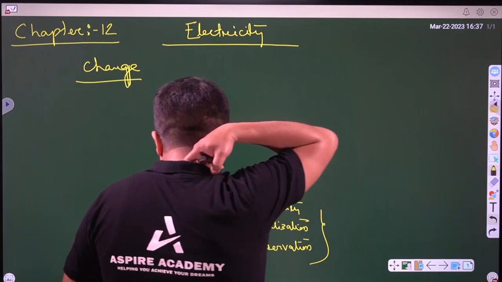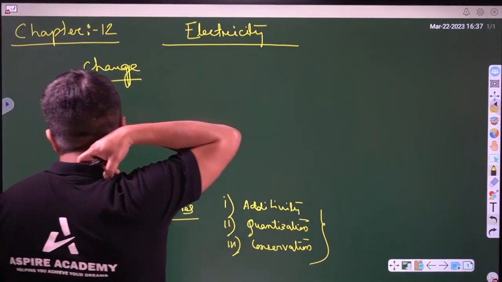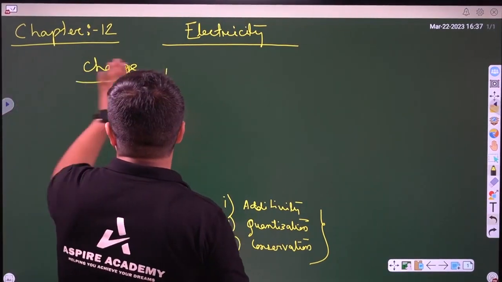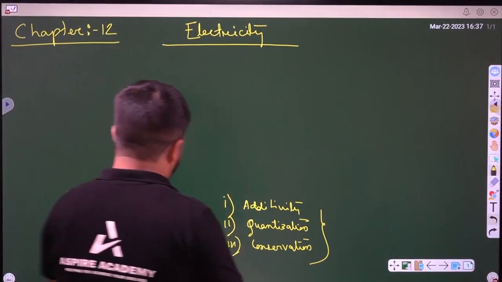Electric charge. Okay, next another thing is there. How can we consider it as a current? Now the chapter is electric current. What is electric current?